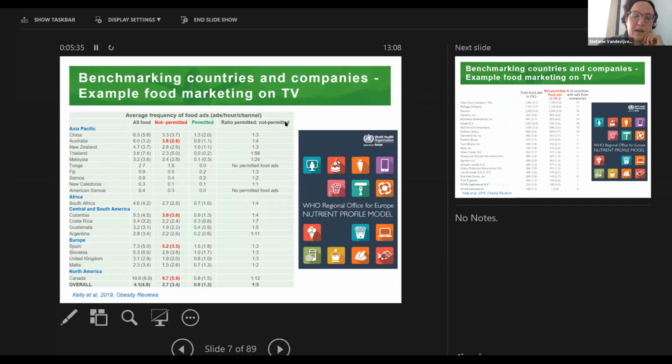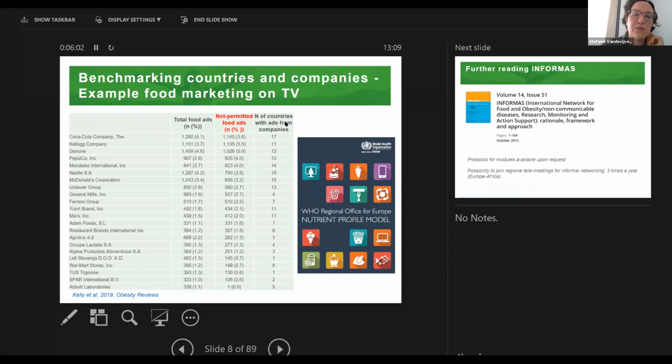Ultimately, where there is sufficient data available, INFORMAS conducts multi-country studies comparing countries on several aspects of the food environment. This is just an example on marketing on television, using a common protocol that looked at the rate of non-permitted food advertising targeted to children on television across several countries.